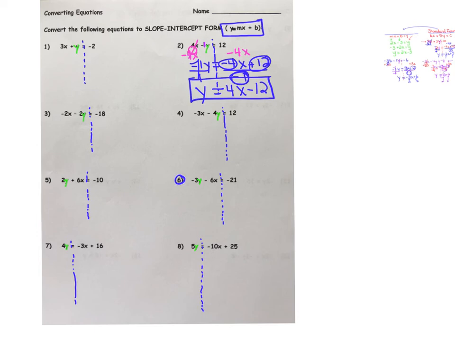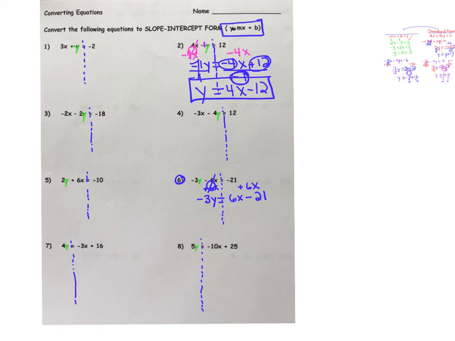Here we have to get rid of negative 6x to start. Let's do the opposite and add 6x to the left and add 6x to the right. We are left with negative 3y equals, and let's arrange these with the 6x first, minus 21 can go behind.